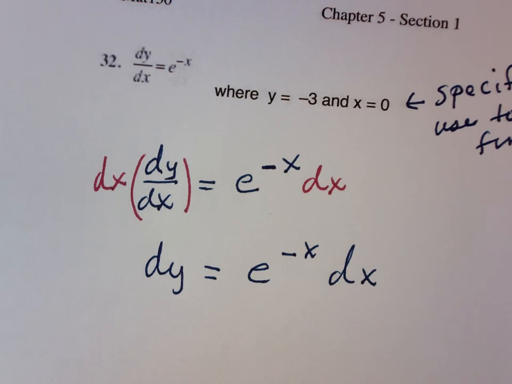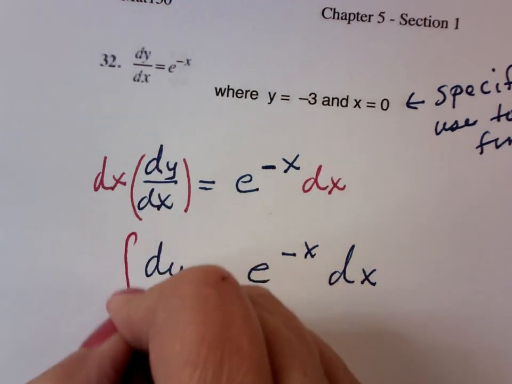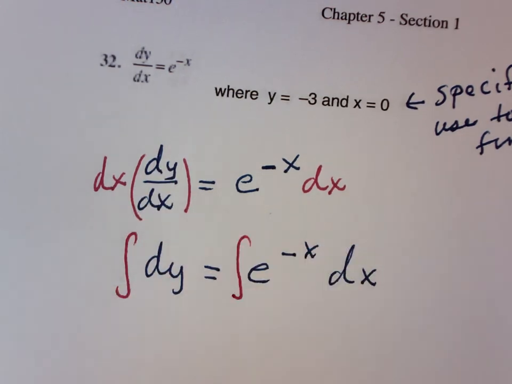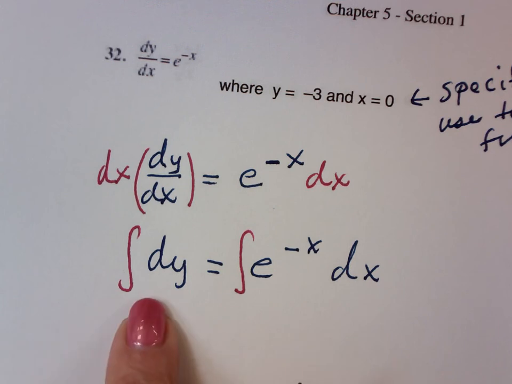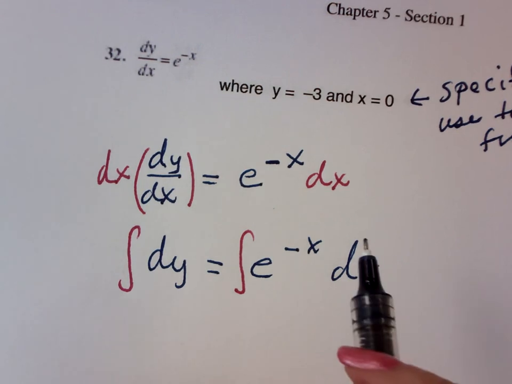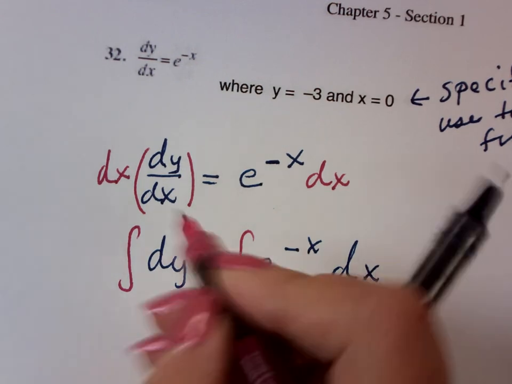So what I'm going to do is integrate both sides. If the two sides are equal, then the integrals of those two sides, or antiderivatives of those sides, should also be equal. What's the antiderivative of dy? What's the constant that's there?